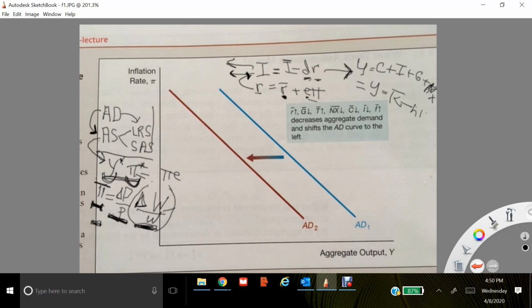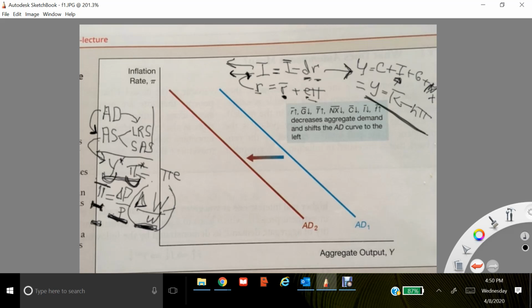This should be inflation. We're going to substitute this real rate equation into here. We're going to get a relation between income, investment and inflation, and when we put that into the aggregate demand equation, we're going to end up with this equation here.